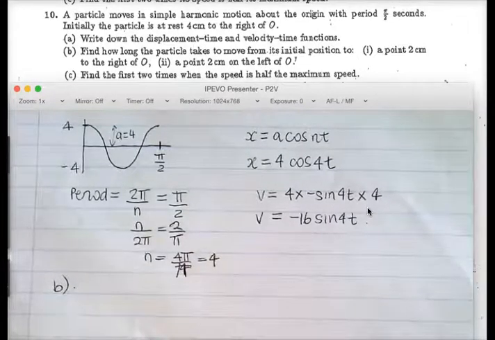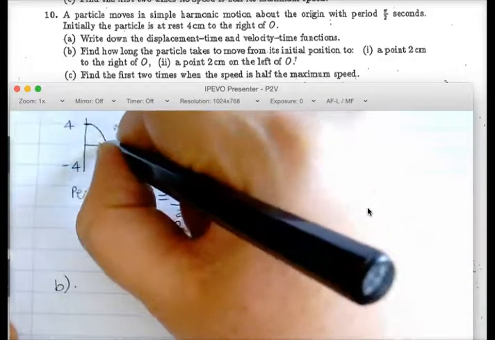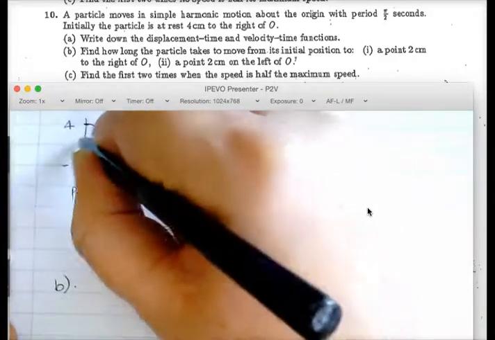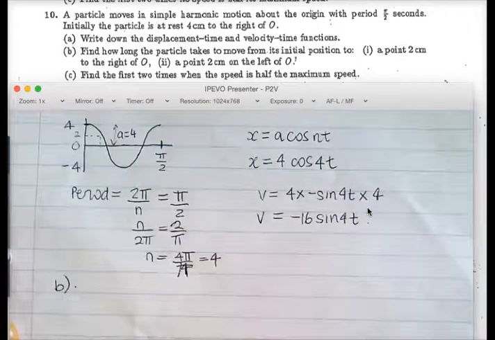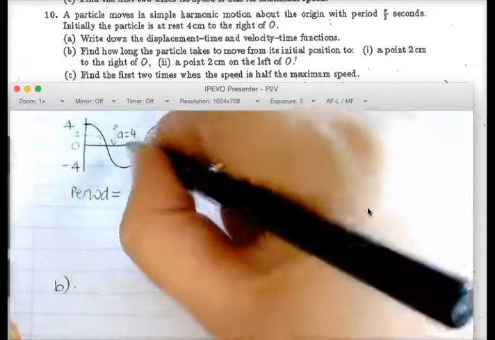Find how long the particle takes to move from its initial position to a point 2 centimetres to the right of the origin. Now, I want to know the time. This would be about 2 centimetres to the right, about there. Before you do this question, if this is pi on 2, what's this?